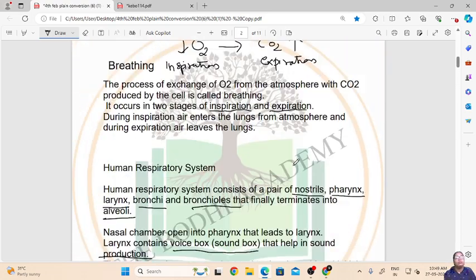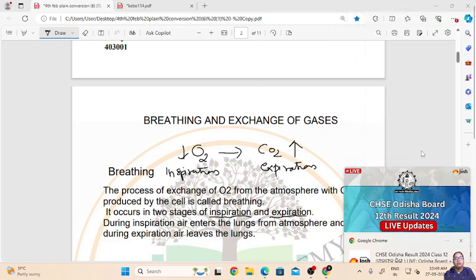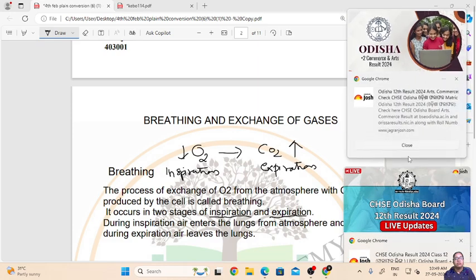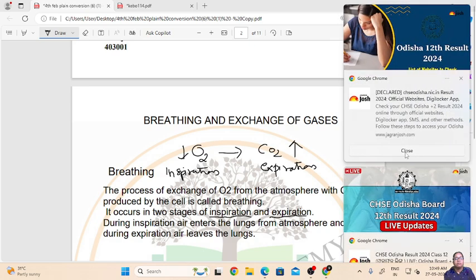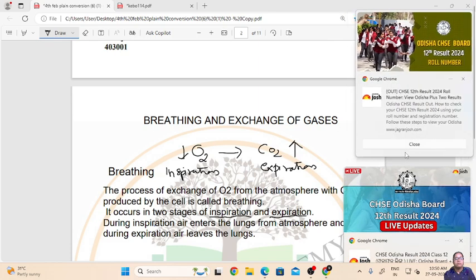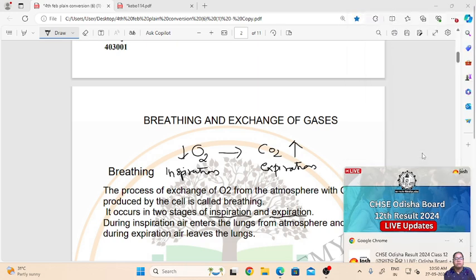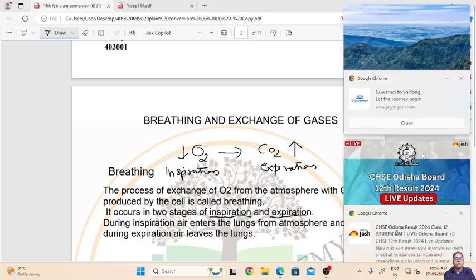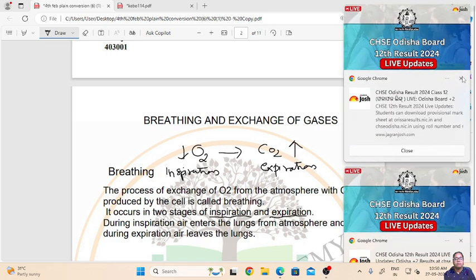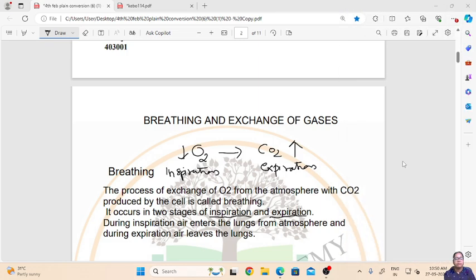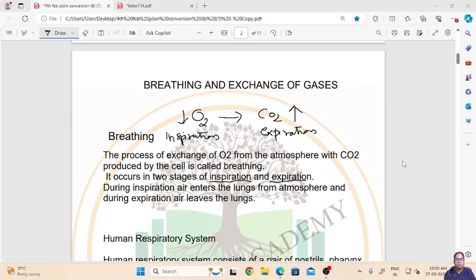So in our today's class, what we have learned is the breathing process, the human respiratory system, then the mechanism and the steps involved in respiration.